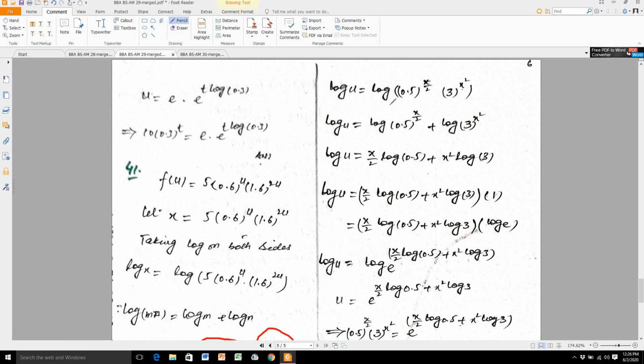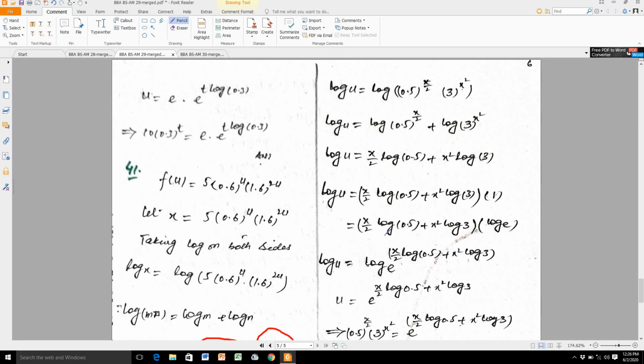Again, using the property of log, I split them because they are multiplying with each other. It becomes log of 0.5 raised to x by 2 plus log of 3 raised to the power x square. Then it becomes log u is equal to x by 2 log 0.5 plus x square log 3. Again, I'm writing 1 in front of this, and in the next step I write log e at the place of 1.